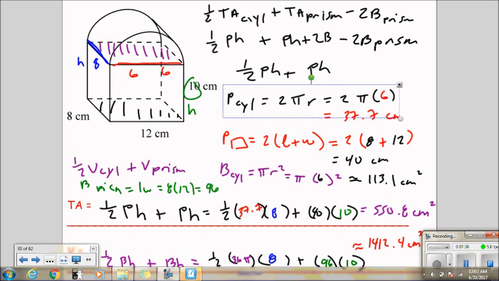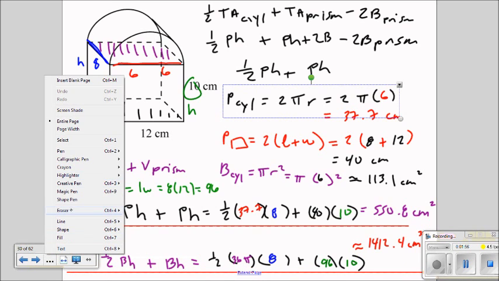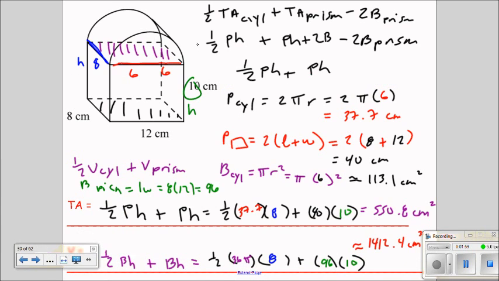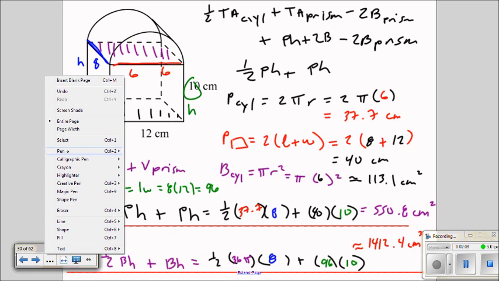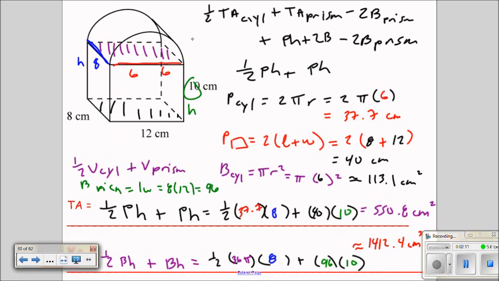It's supposed to be 1/2 pH plus 2B, and the only part I had was the 1/2 pH, so I need to add plus 2 bases to that part of the formula. So 1/2 pH plus 2B.